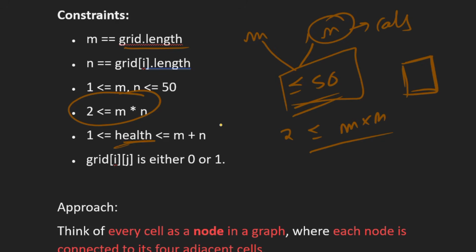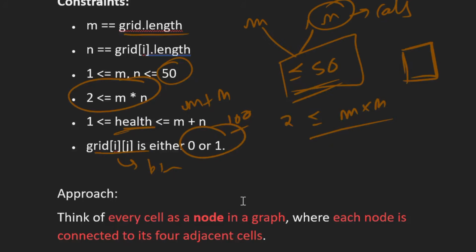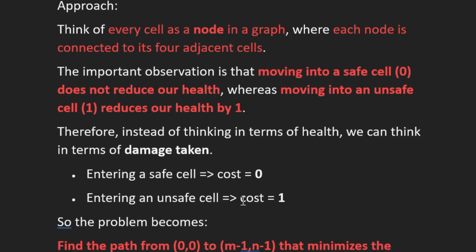Also our health value will be less than or equal to m plus n. So in the worst case it can be 100 when both m and n are 50. And as we know, the grid is a binary grid, so the values present will be either 0 or 1. So let's move to the approach part.